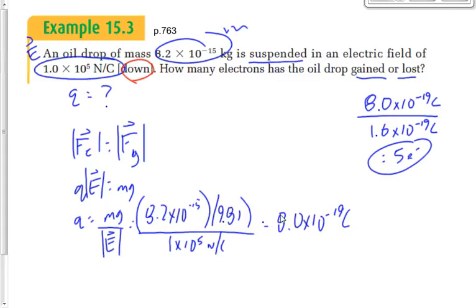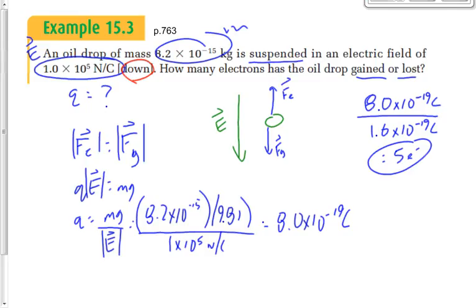Draw what you know. The electric field is downward, right? The particle, if it's suspended, must experience a force of gravity down, and to be suspended, it has to equal an electric force up. Otherwise, it wouldn't be suspended, right?